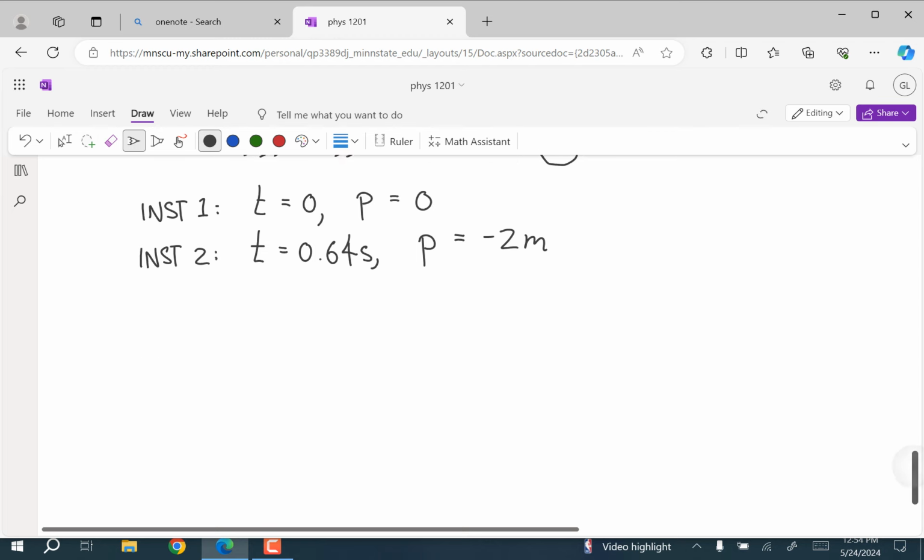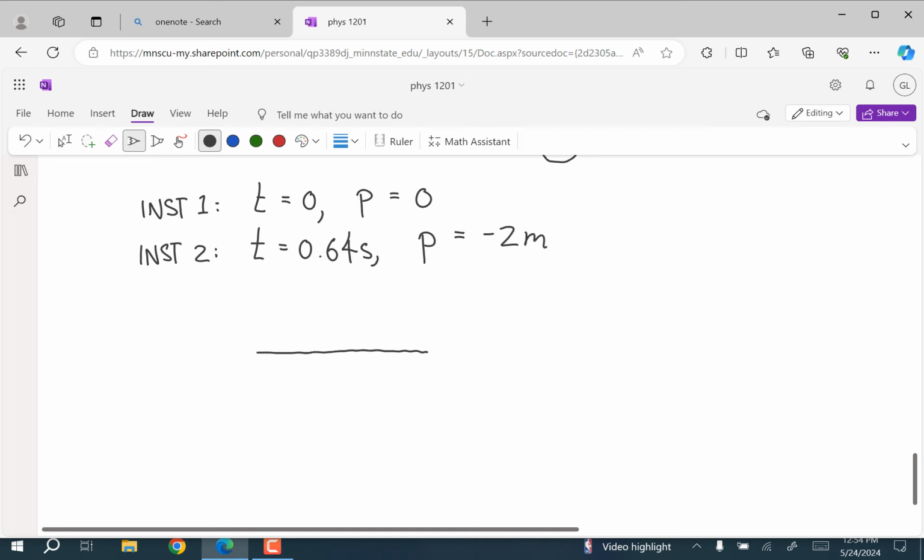A very common way to represent this, you can think of position as being a function of time, and we can draw a graph of position versus time.